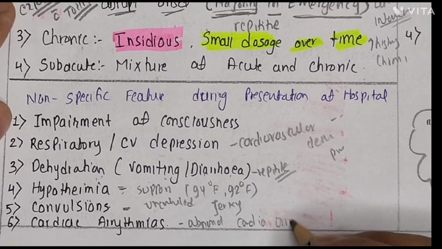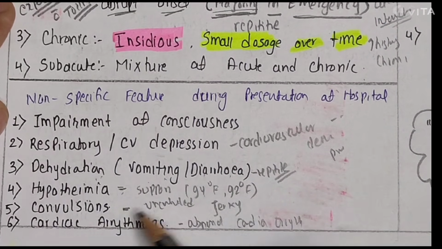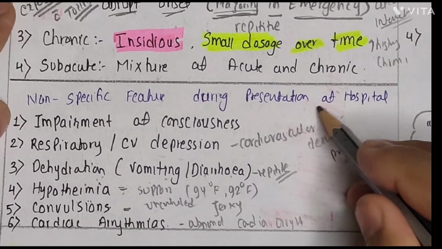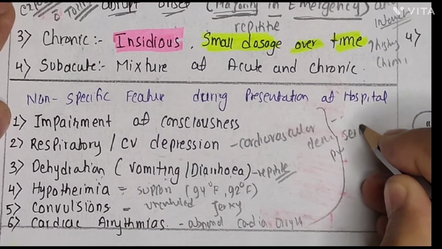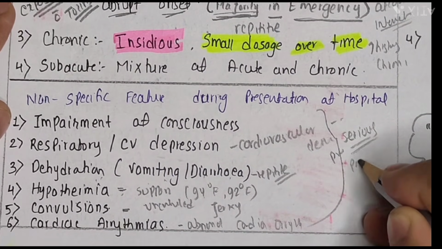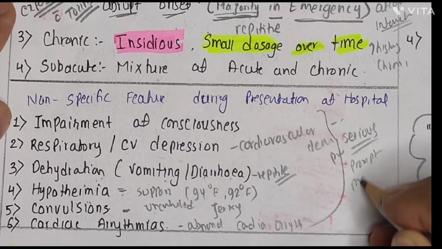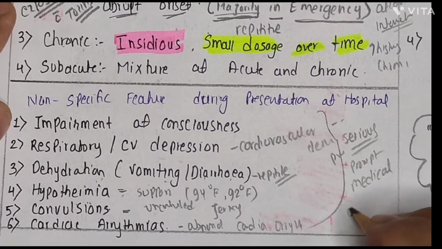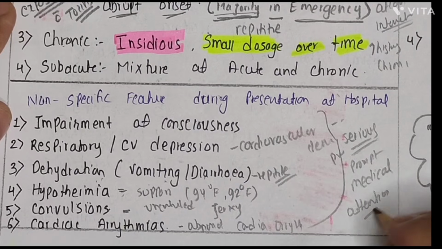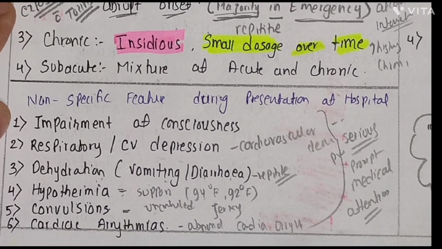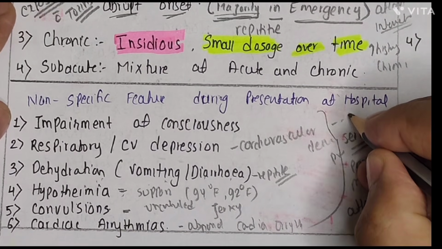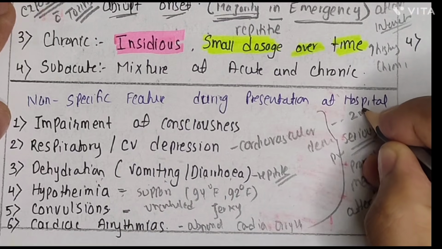Now if a person comes in this particular condition, we will understand the condition is very serious. We need prompt medical attention. So this is the concept of non-specific features. Again, this can be important for 2 marks, right?